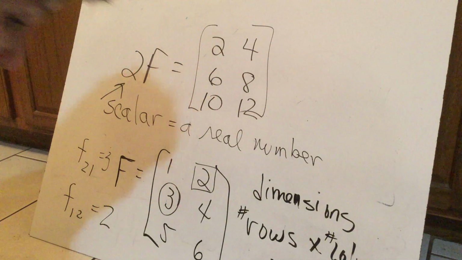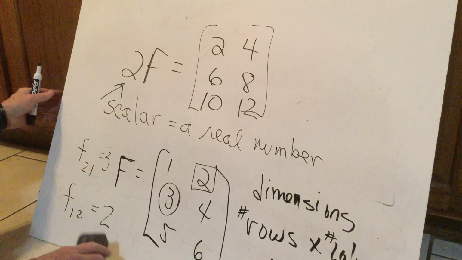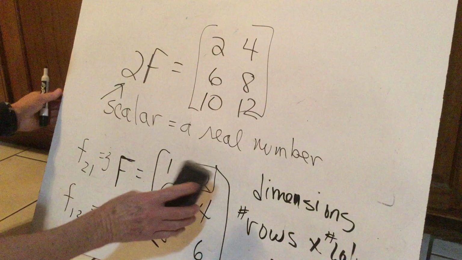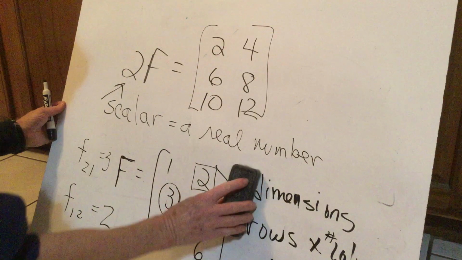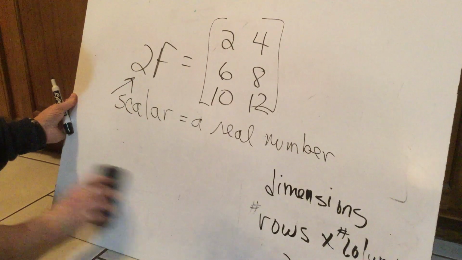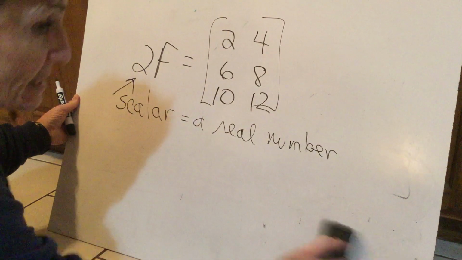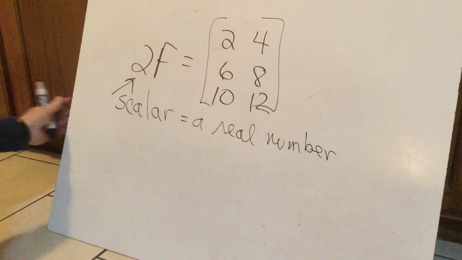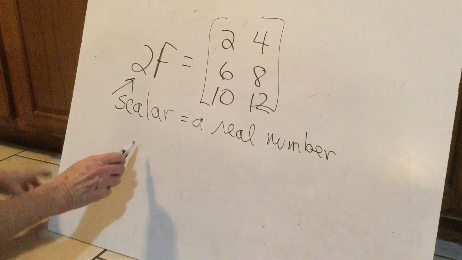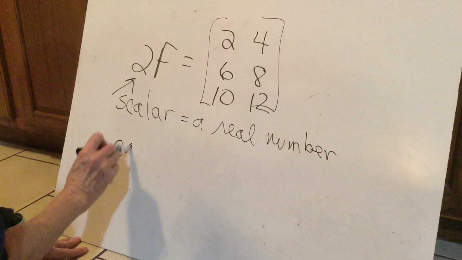And finally, your last definition, equal matrices. What it means to be equal matrices, I'm going to go ahead and erase this, is that they have the same entries in the same spots. So we have to be careful when we define equal matrices. So let me write it down.